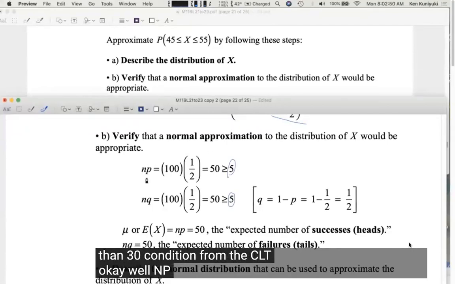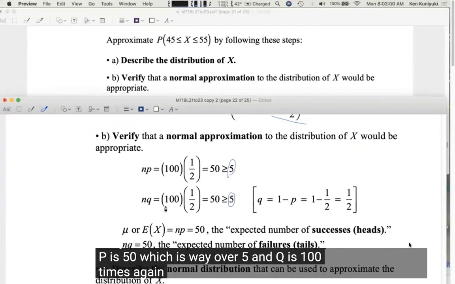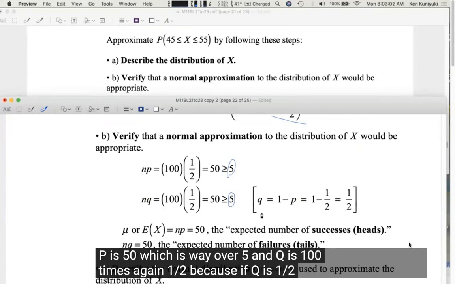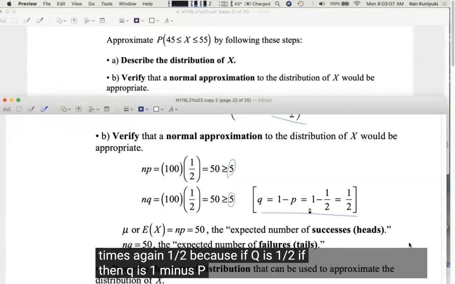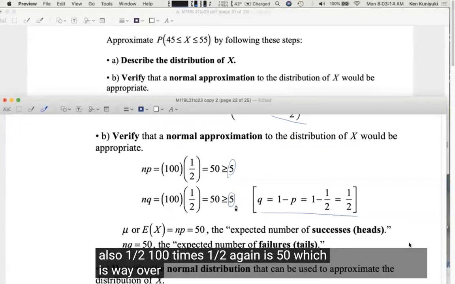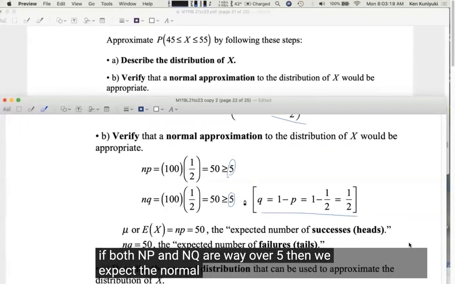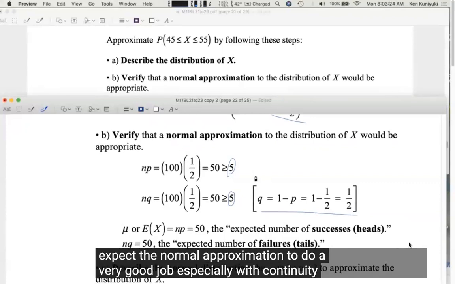Well, np: n is 100, p is 1/2, n times p is 50, which is way over 5. nq is 100 times, again, 1/2, because if p is 1/2, then q is 1 minus p, or 1 minus 1/2, also 1/2. 100 times 1/2, again, is 50, which is way over 5. If both np and nq are way over 5, then we expect the normal approximation to do a very good job, especially with continuity corrections.